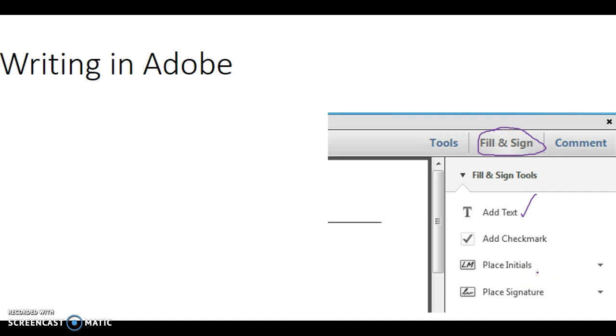But you cannot necessarily draw in it. If you wanted to cut the graphs and put them in a program like Paint, then you could draw in it that way and just attach that into a Word document just to assist you.